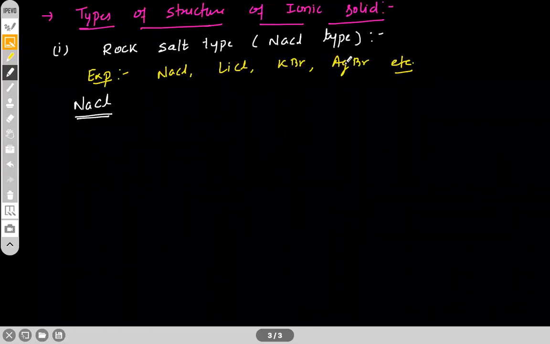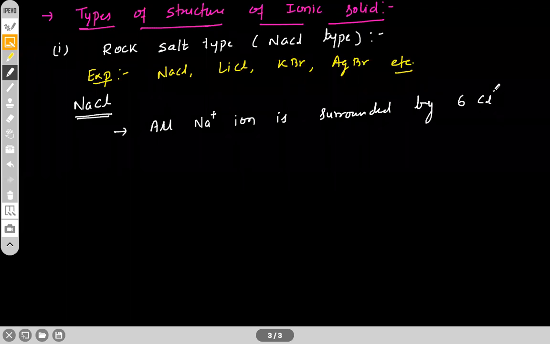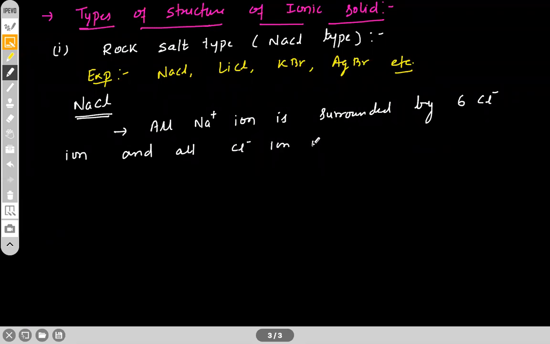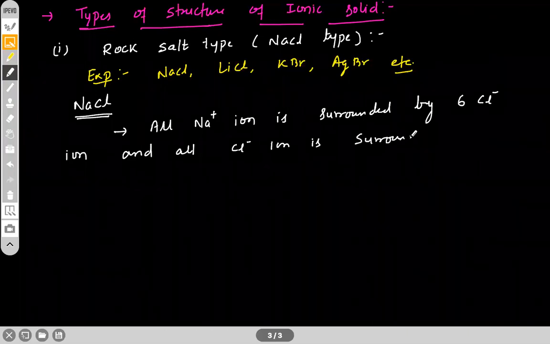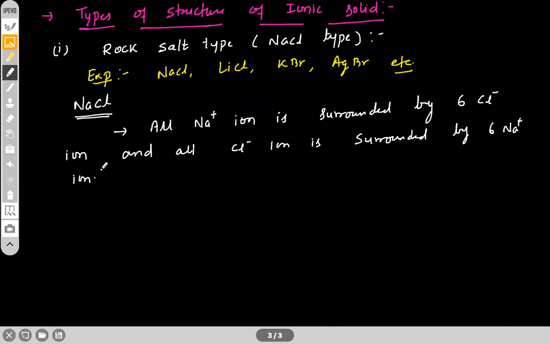Write down: in NaCl crystal, all Na plus ions are surrounded by 6 Cl minus ions, and all Cl minus ions are surrounded by 6 Na plus ions.